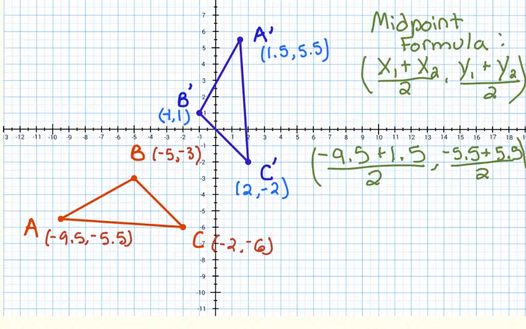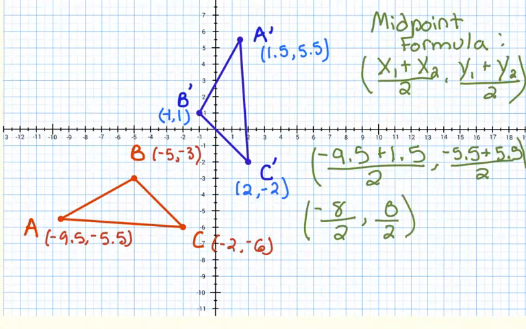And this gives us -8 over 2 and 0 over 2. And these simplify to -4, and 0 divided by anything is 0. So that is our midpoint from A to A'.